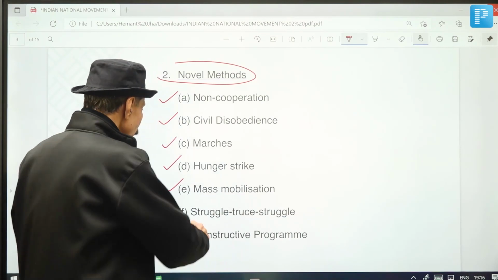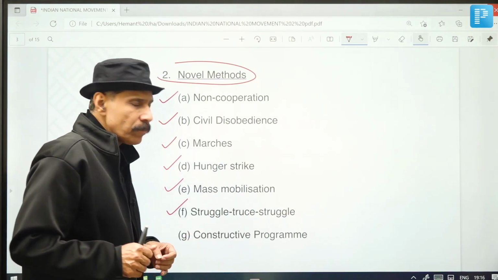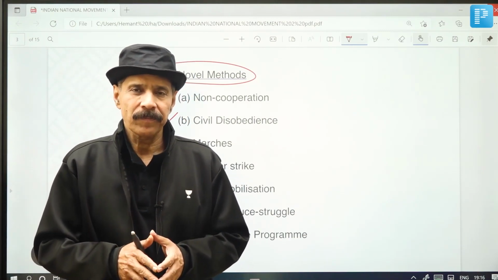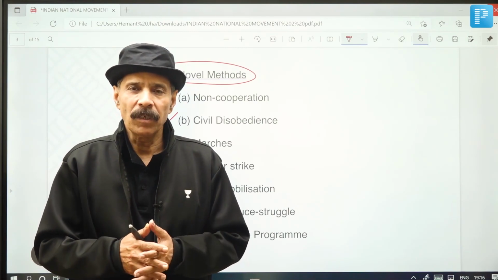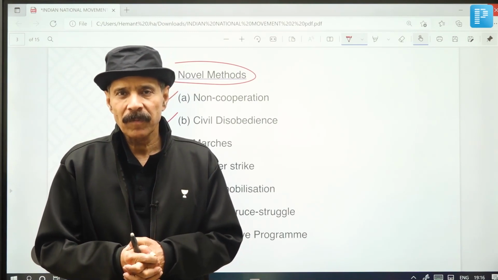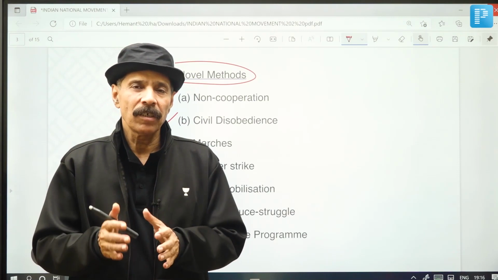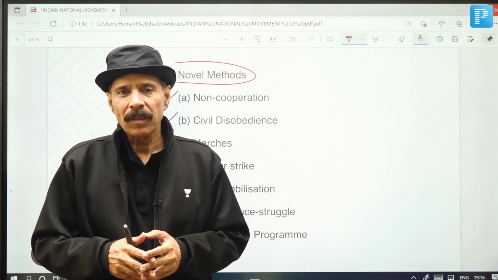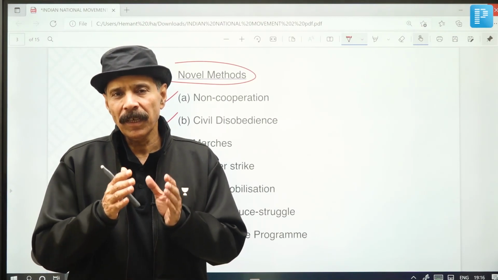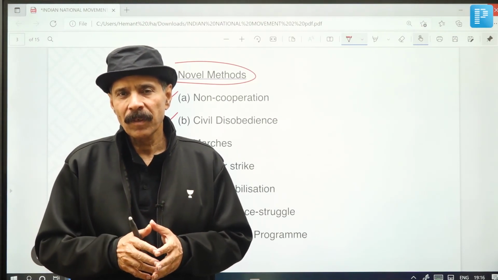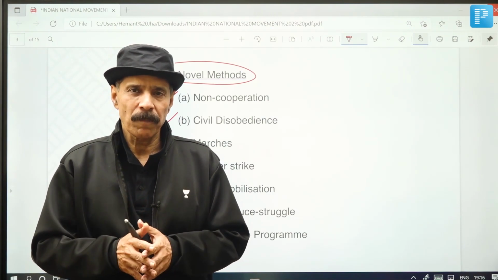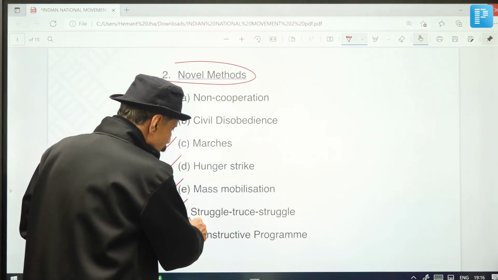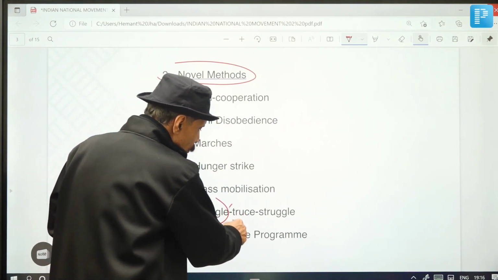Next one, struggle-truce-struggle, a typical strategy that we find during the Gandhian mass movement. Struggle-truce-struggle refers to the Indian national movement representing two forms. One, that is struggle. Two, that is truce.